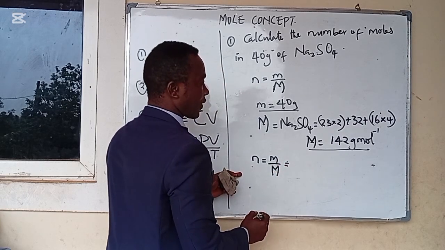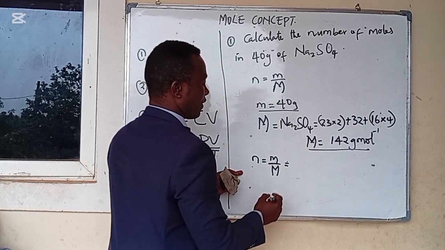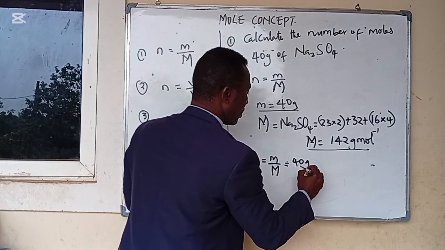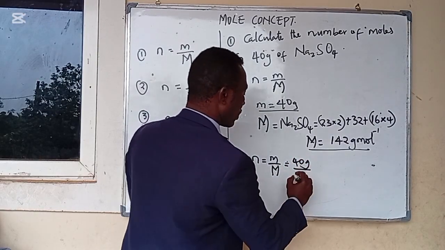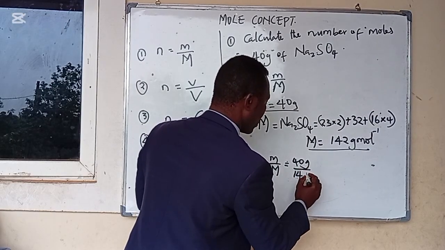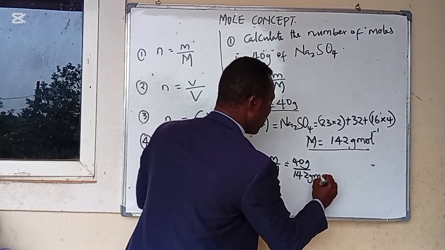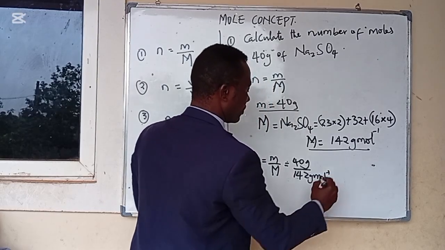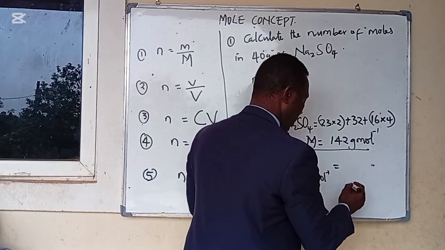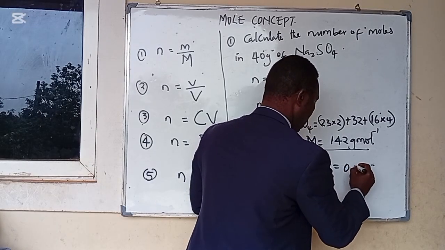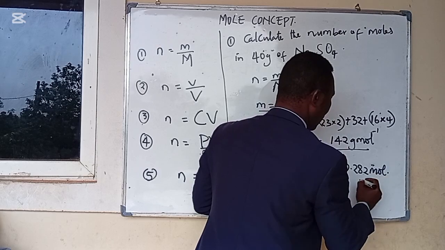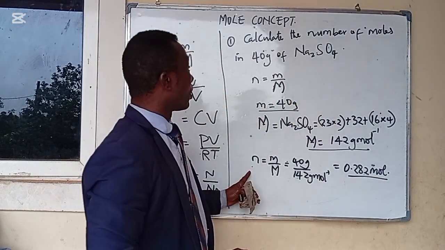The given mass is 40 grams, divided by the molar mass, 142 grams per mole. When we divide this, we get 0.282 moles. So that is the answer for the number of moles.